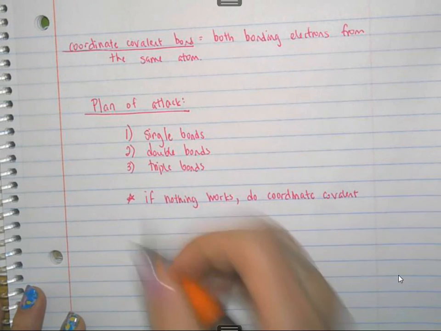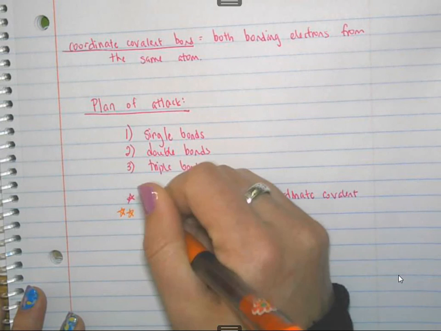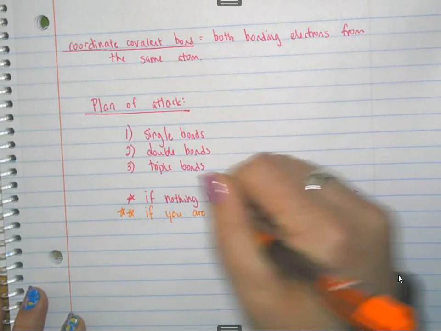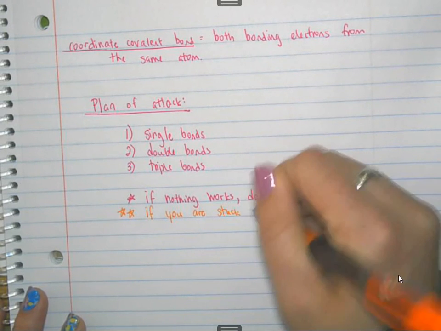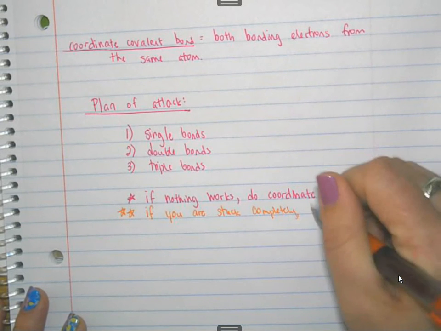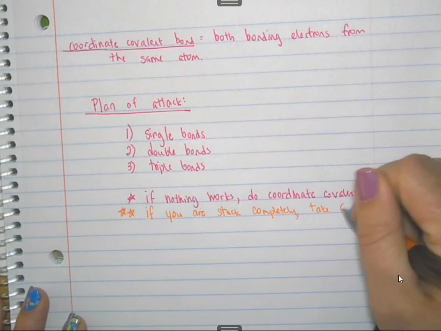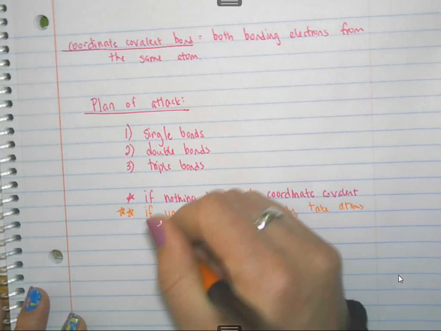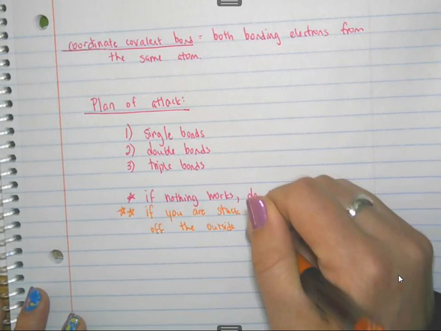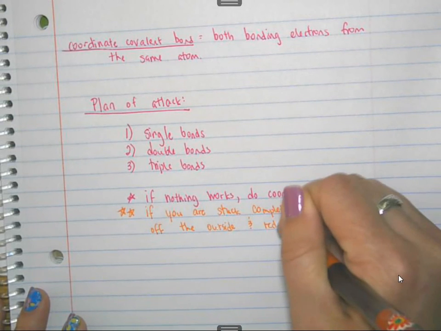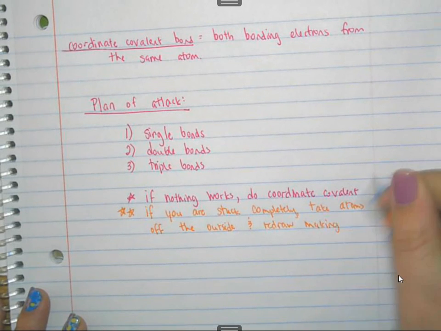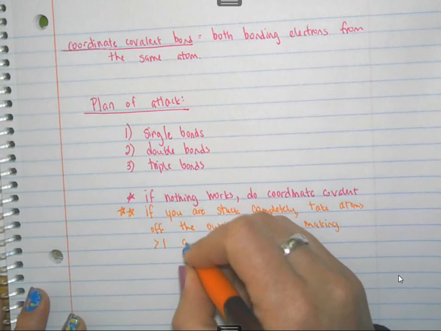So I guess we could add a second star and say, if you are stuck completely, take atoms off the outside and redraw, making more than one coordinate covalent bond.